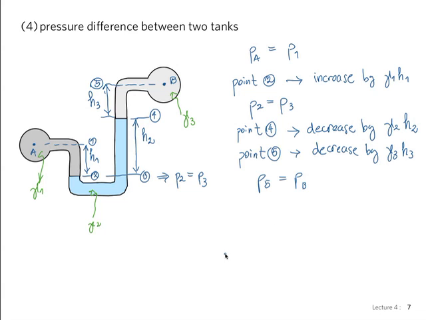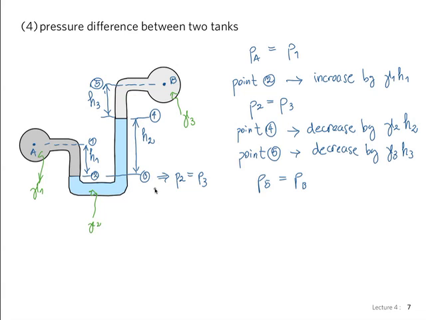And so you see now what we've done is actually just follow from point A to point B and just appropriately add or decrease pressure according to the differences in elevation each step of the way. This is how you solve the manometer problems in general.